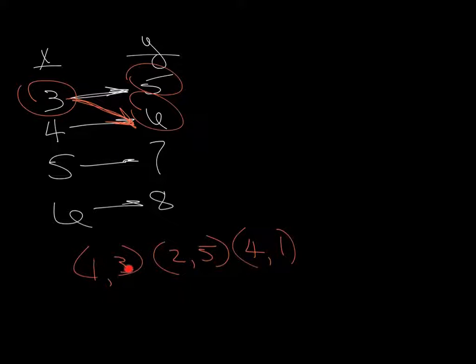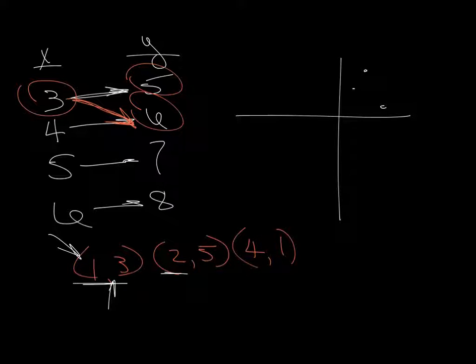This is my x, that's my y. It's just graphing like we normally do. You get a 1, you get a 3. You get a 2, you get a 5. You get a 4, you get a 1. Okay, you can graph those points. But this is the x, and it spits out a y. This is the domain, spits out a range. Same way here. x gives you a y, and x gives you a y.